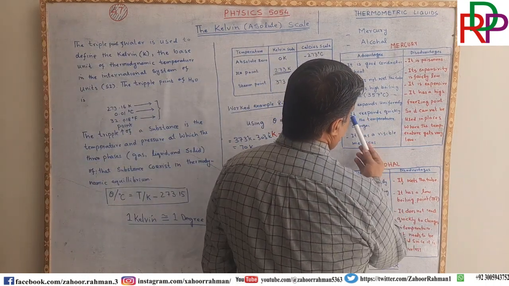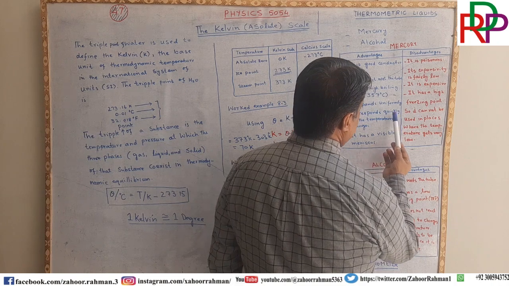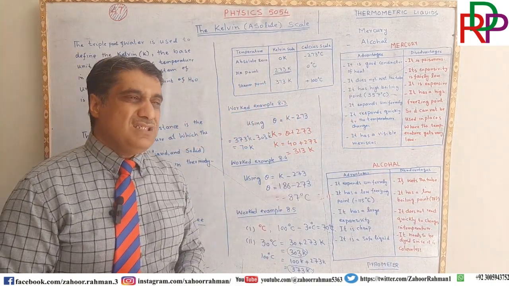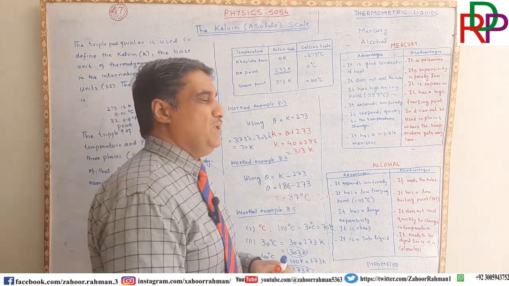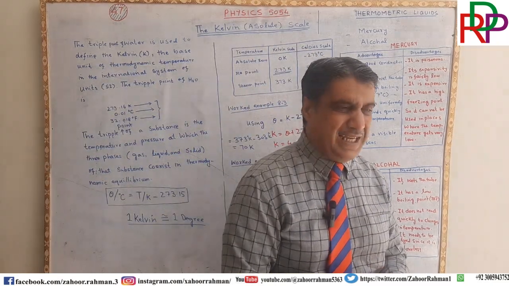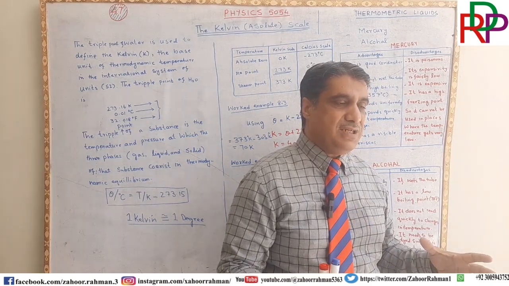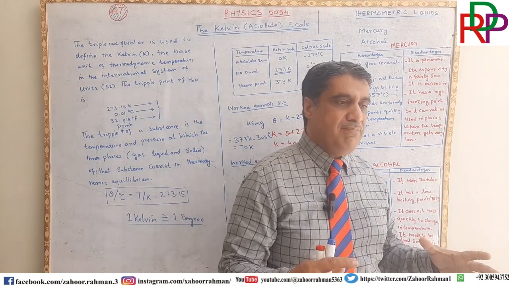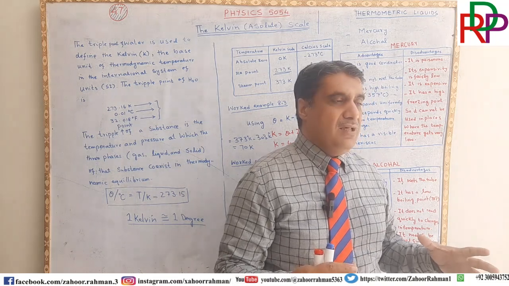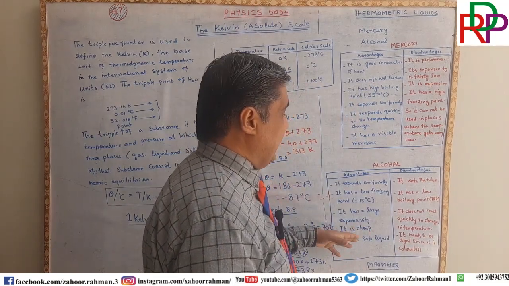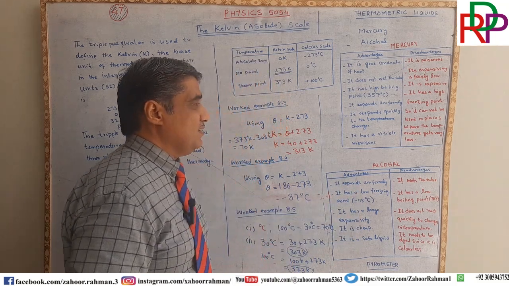Now the next advantage is that it responds quickly to temperature changes. In the situation in which we require a quick response to note the temperature, we use mercury. Mercury responds very quickly as compared to alcohol.